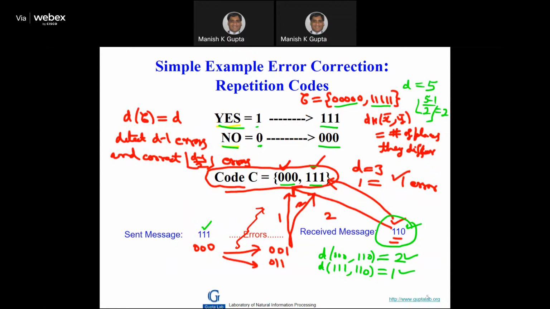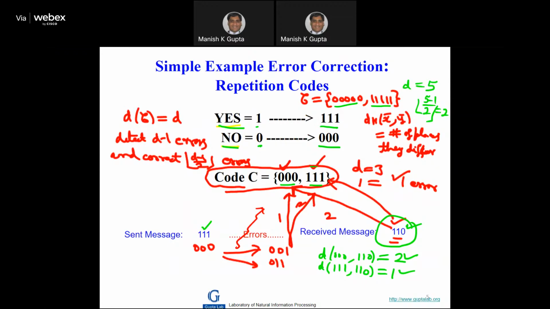The pairwise distance between these two strings is 3. So if D is 3, (3 minus 1) by 2 is 1, so we can correct a single error. If we want to correct 2 errors, we need to repeat it 5 times, right? Then the distance will be 5, so we will be able to correct (5 minus 1) by 2, which is 2. So this is our basic mechanism.